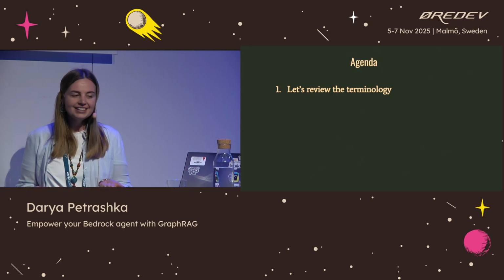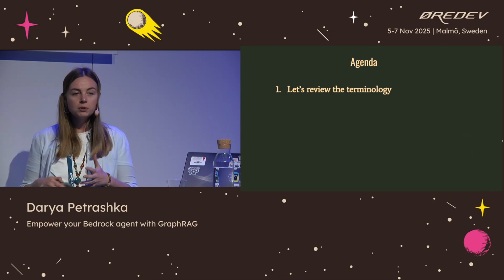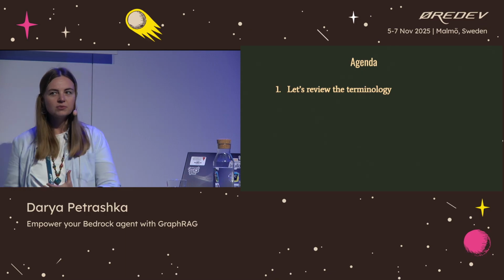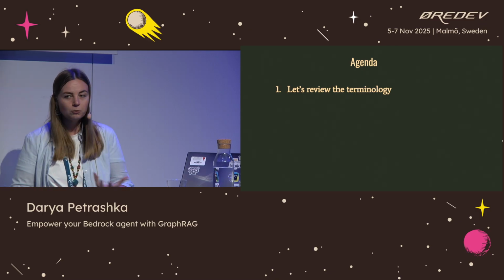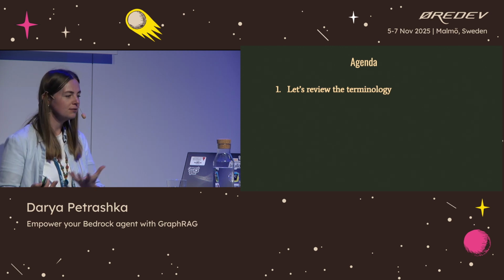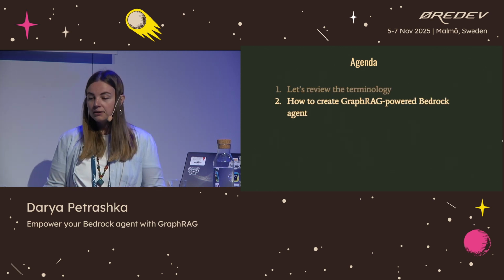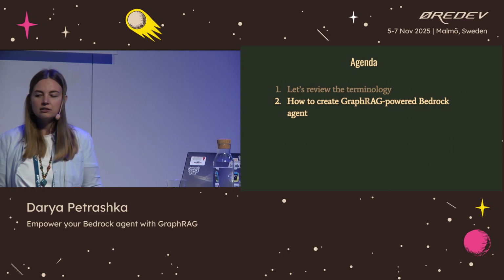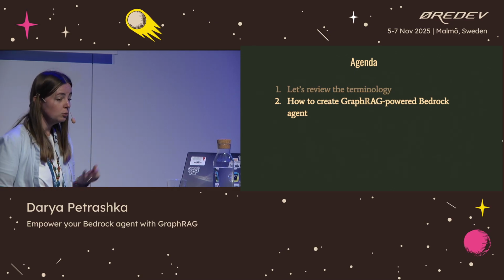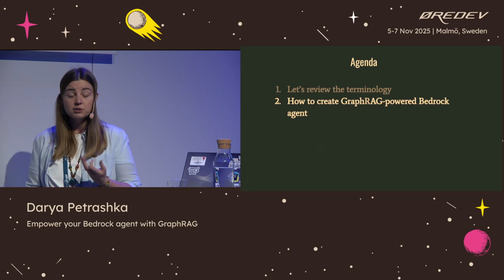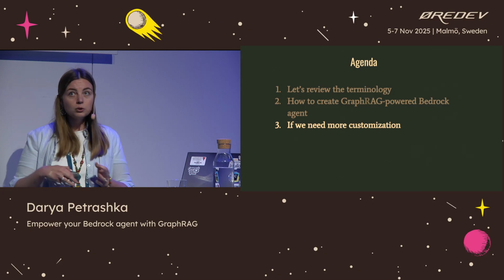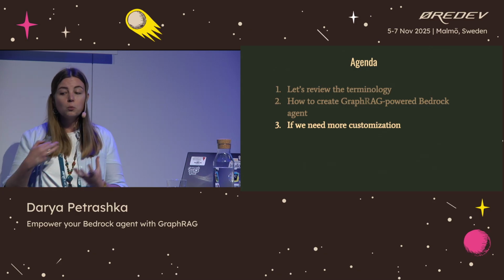So the agenda is quite simple. First, we will review a little bit of terminology to understand what is a graph, what is a RAG, and what is a combination of graphs and RAG. Then we will see a more practical example of how to create a GraphRAG-powered Bedrock agent, which is quite straightforward. We will see how we can do it if we want more customization.